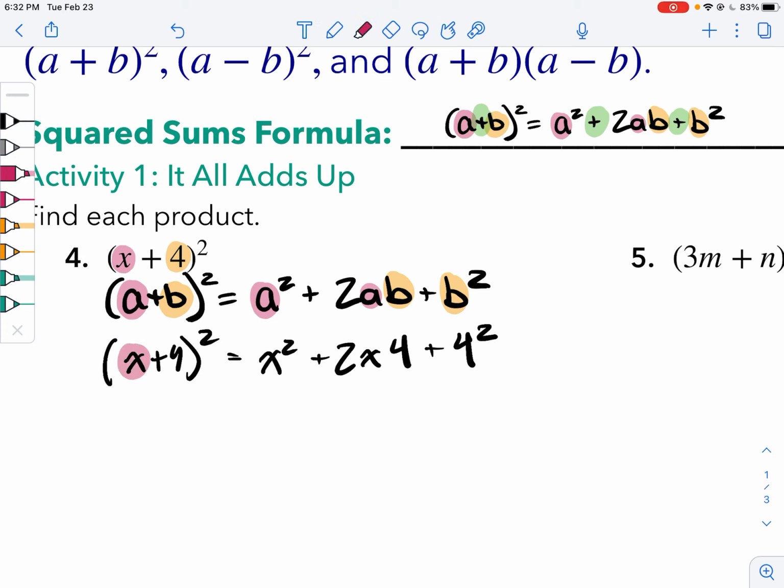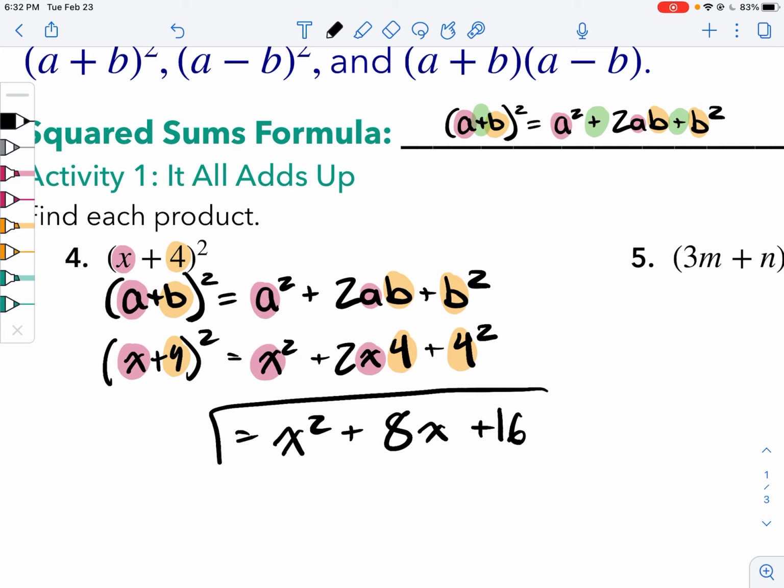See how every time we have an a, we replace that with an x. Every time we have a b, we replace that with a 4. Super, clean it up. x squared plus 8x plus 16. That's it. That's our whole answer. We're done. Cool, huh? Let's do another one.